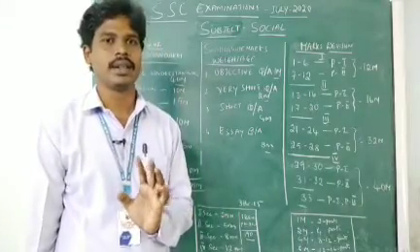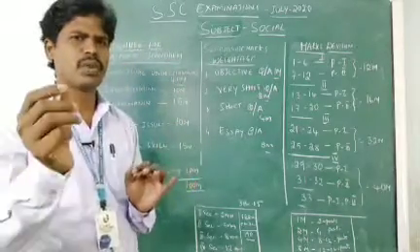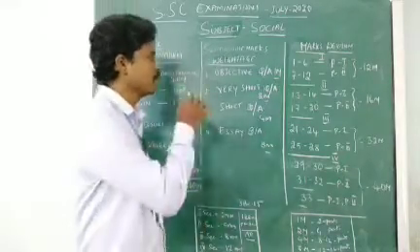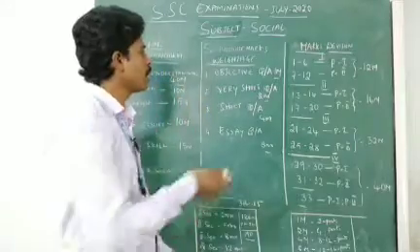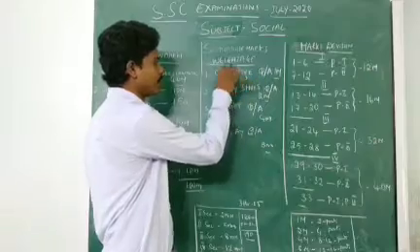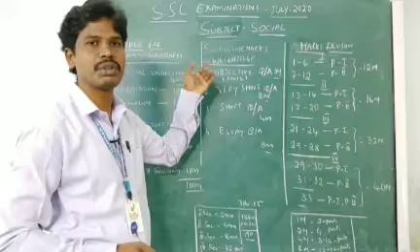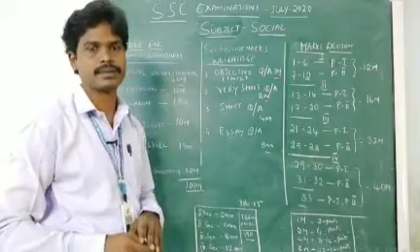Is it clear? Yes. Fine. Now one more thing: the objective section is 1 mark each, and we have a total of questions 1 to 12 falling under the objective section, or section 1.